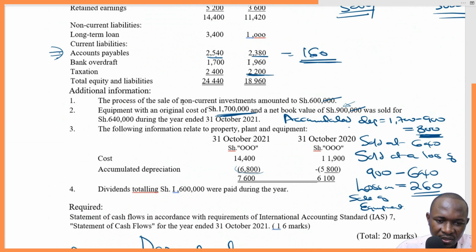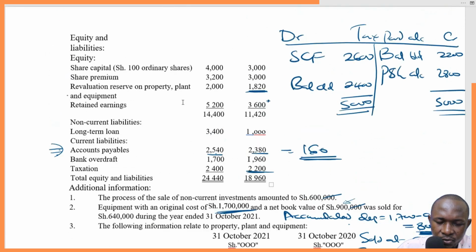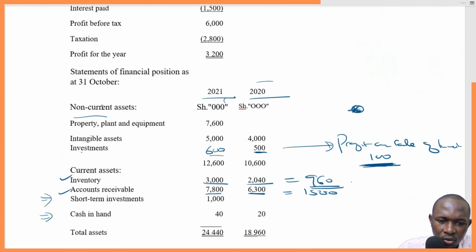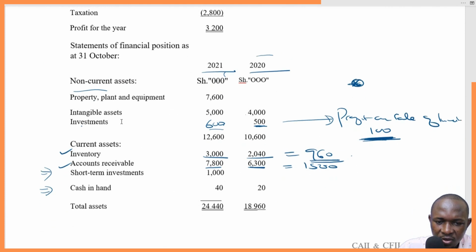And then is there anything else? For the investment, to be sure, just go to the assets, because that's where the investments are. We've already captured this. Intangible assets, investments. There's something here. For investment, we've already shown this 600.